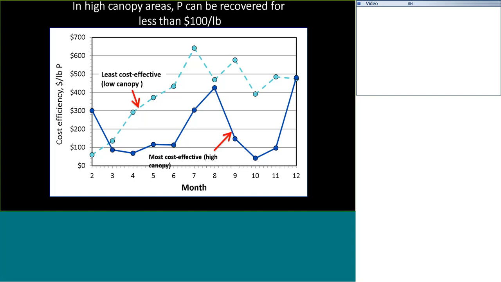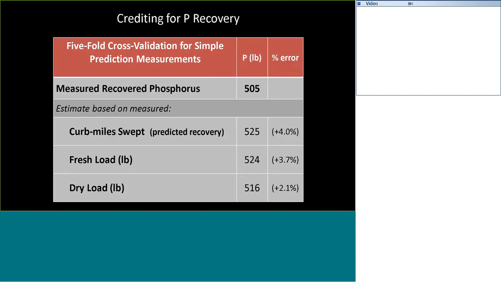We're talking about less than $100 per pound of phosphorus, and if you compare that to the numbers that Joe was showing previously for a number of BMPs, it's orders of magnitude cheaper. It also reduces the downstream maintenance costs for other BMPs that both Andy and Joe were talking about.